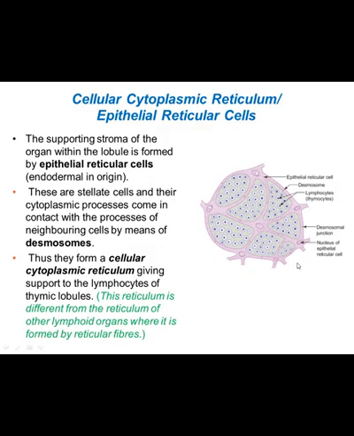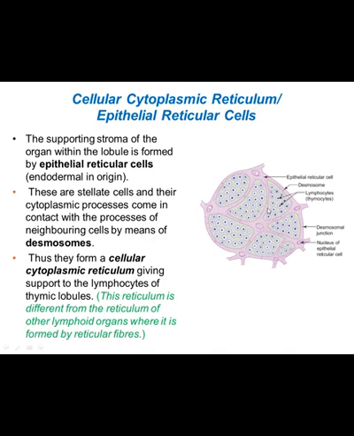Now we come to the cellular cytoplasmic reticulum or epithelial reticular cells. If we see in this picture, these are the epithelial reticular cells, and these are cytoplasmic processes of this cell. Here is another cell.